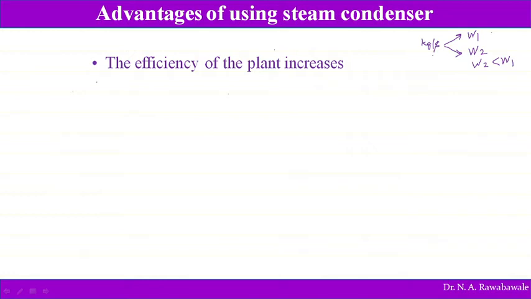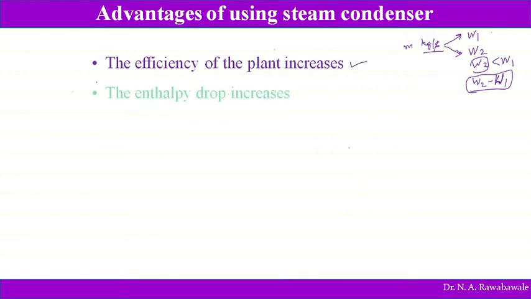That means the same quantity of steam produces a greater work done than without a condenser. So this difference of work is the increase in work output, and this increase in work output is responsible for increasing the efficiency of the plant.